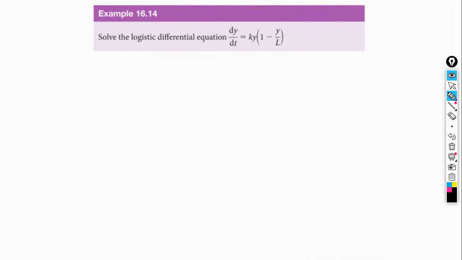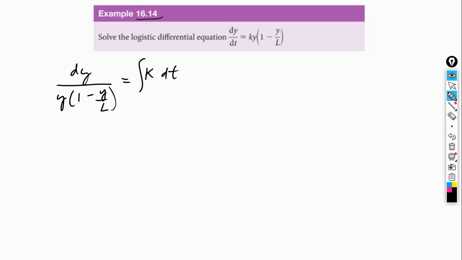So now let's focus on example 16.14, and it says, solve the logistic differential equation dy/dt is equal to ky times (1 minus y over L). So here we proceed as usual with the separation of variables. Notice that we can rewrite this as dy over y times (1 minus y over L) is equal to k dt.